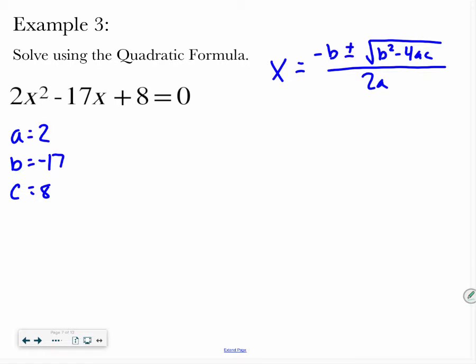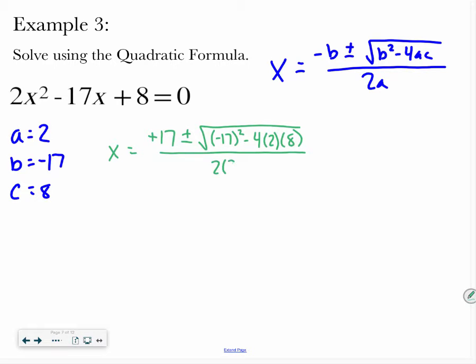Now if I plug my information in, I have x equals negative 17, so that becomes positive 17, plus or minus the square root of negative 17 squared minus 4 times 2 times 8 all over 2 times 2.